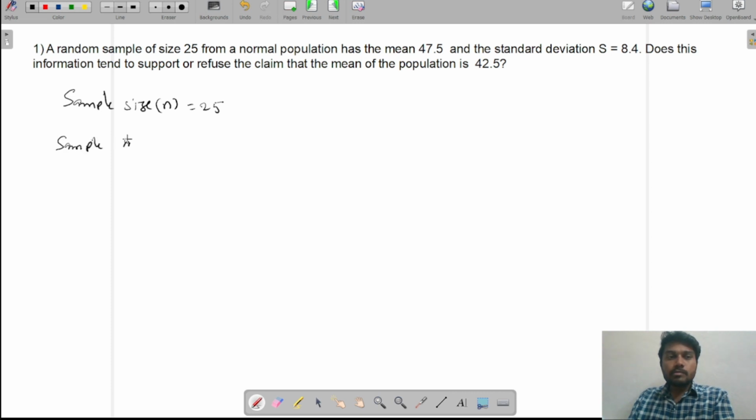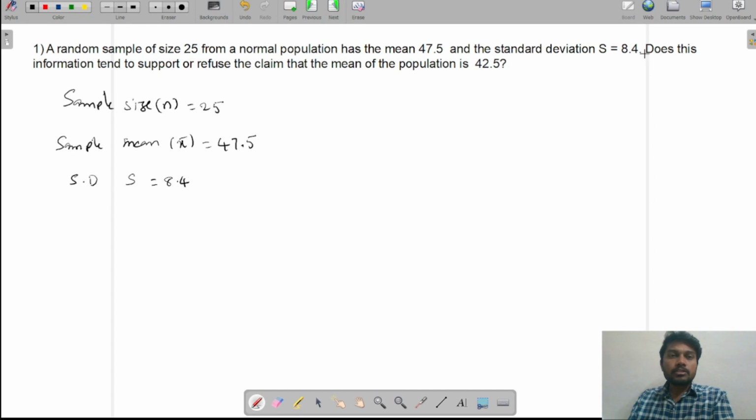Yes, sample mean x bar equal to 47.5 and standard deviation s equal to 8.4. Here s is the standard deviation, and this is coming from the sample.